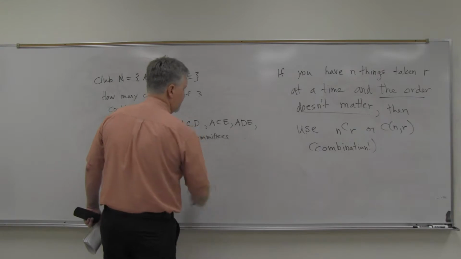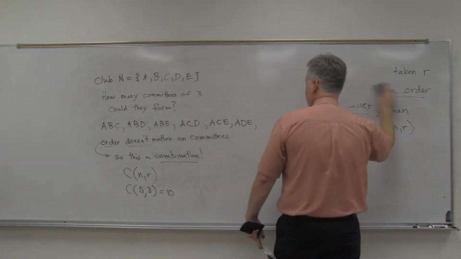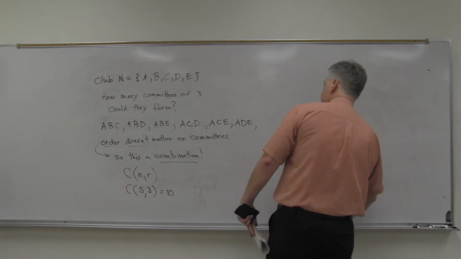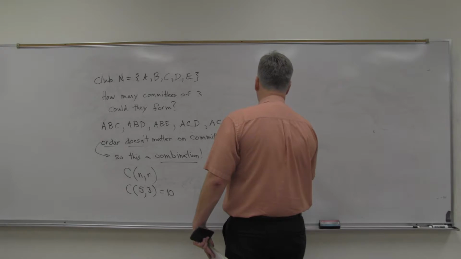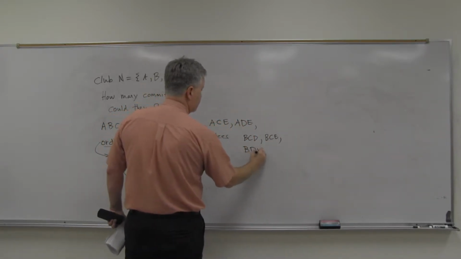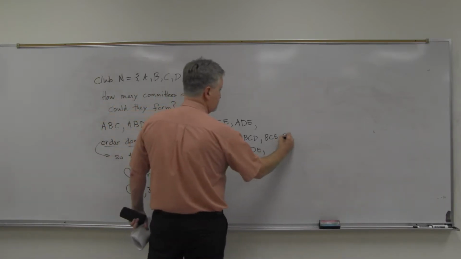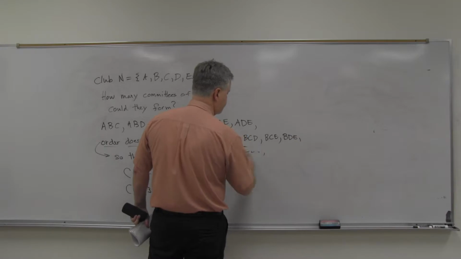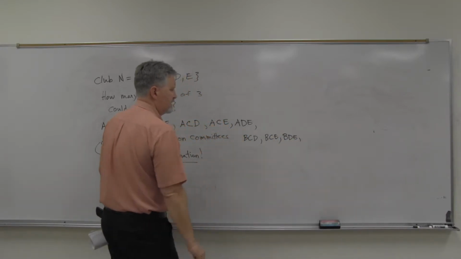Then I think I'd have to go to the B's next: B, C, D, B, C, E. Then B, D, E. Again, you have to have at least one of them different, so I couldn't do BDC because I already have BCD, see?